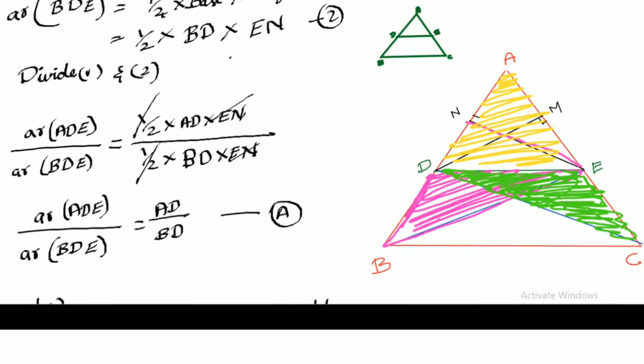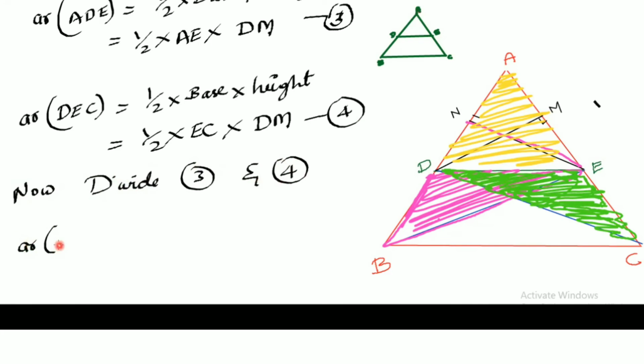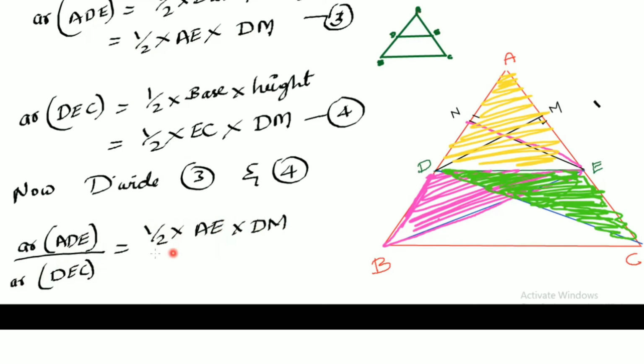Similarly, like we did division here, let us do division here also. Now divide 3 and 4. So area of ADE divided by area of DEC is equal to half into AE into DM divided by half into EC into DM.